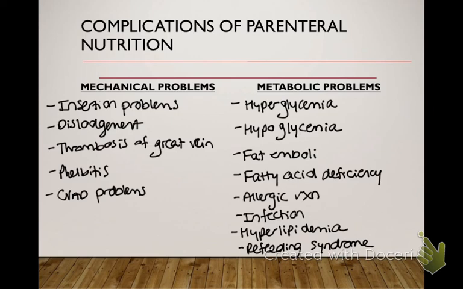What are some clinical manifestations? Frequent urination, thirst, sweating. So are we going to say your patient has hyperglycemia secondary to their TPN? No, we're going to say your patient who was recently started on TPN is exhibiting signs of thirst and increased urine output. What would be your first nursing action?